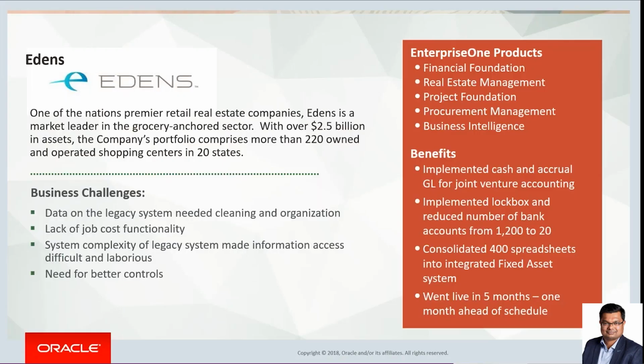Edens. Now, this was a property company which had a very large portfolio. They had a very big portfolio in terms of what they were using, and of course, as you see, they not only had financial consolidation or real estate, but they also had many other things like the project foundation. So they were running behind in terms of how their projects were running. So that was something which they had lost complete visibility.